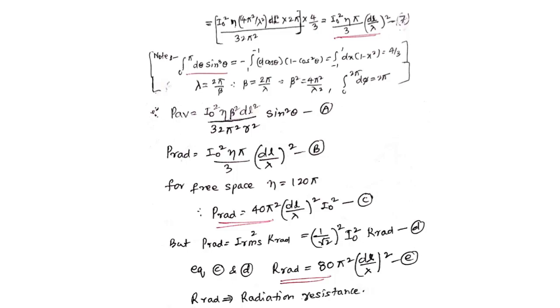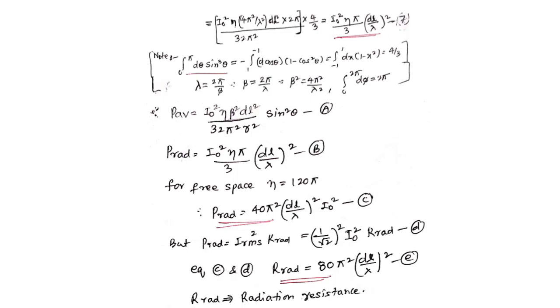But for free space, eta is equal to 120 pi. We substitute this in equation number B, and you will get P radiated is equal to 40 pi square dl by lambda whole square into I naught square. But P radiated is equal to I RMS square into R radiated. Therefore, I RMS is equal to 1 by root 2 into maximum current, so you will get 1 by root 2 whole square into I naught square R radiated.